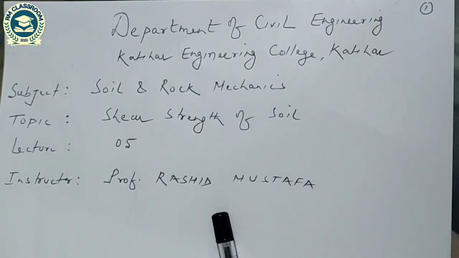So today I am going to discuss the pore pressure parameter. It is not possible to measure pore pressure by practical means, so a theoretical approach was given by Skempton. The pore pressure parameter represents the response of pore pressure change due to change in lateral pressure and vertical pressure under undrained condition.